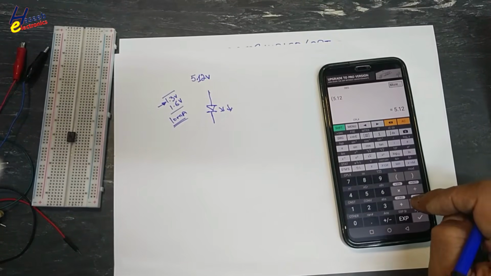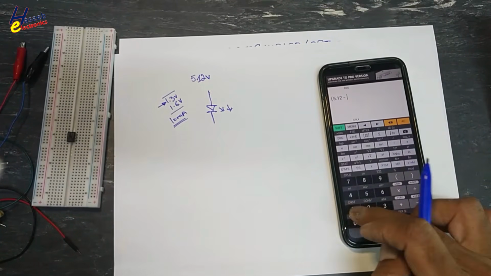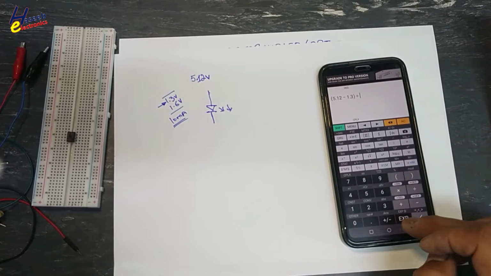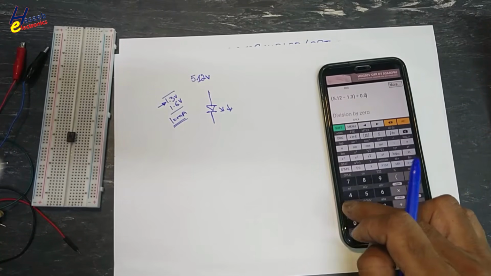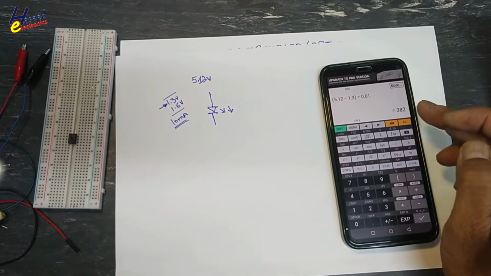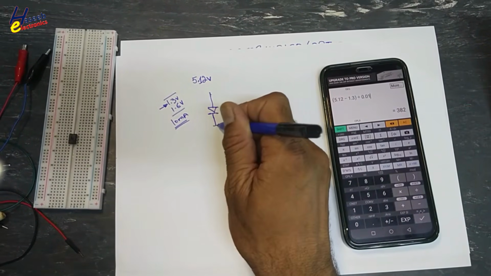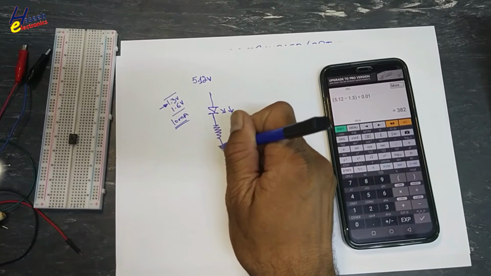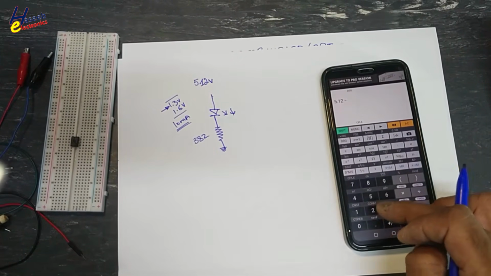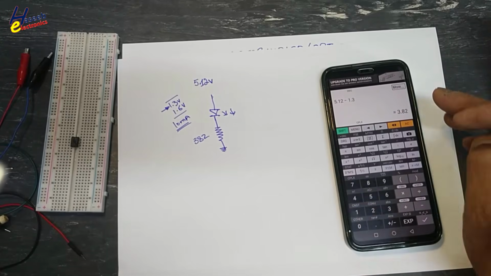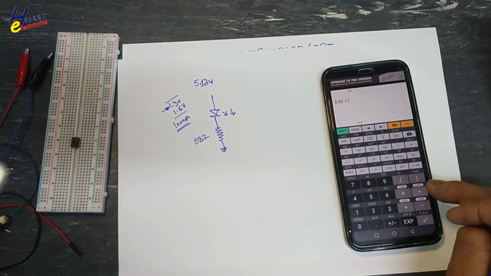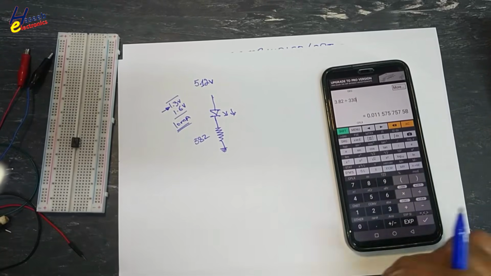5.12 volt minus 1.3 volt, that are LED voltage, divided by 0.01, 10 milliampere current. 382 ohm resistor will be connected here. 5.12 minus 1.3, 3.82. 3.82 volt divided by 330 ohm resistor.